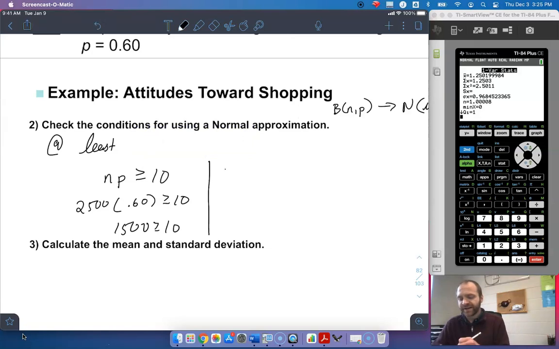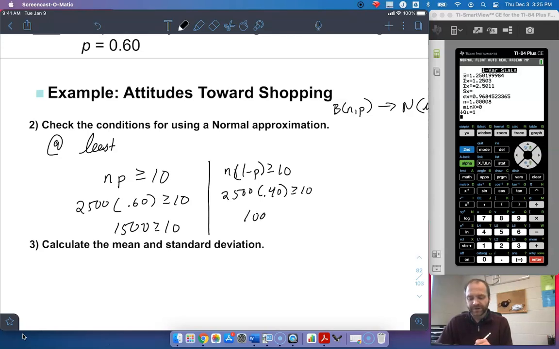Failures, do I have at least 10 failures? So n times 1 minus p. Is there at least 10 failures here? And if I do 2,500 and I'm multiplying by, well, probably a failure then would be 40%. And in that case, I get 1,000. And so I have more than 10 failures.